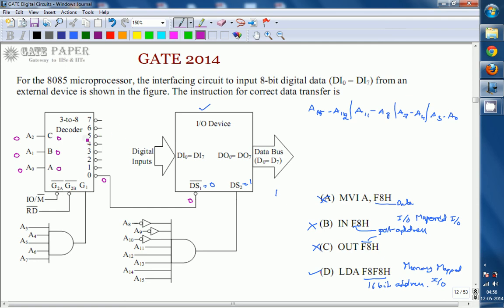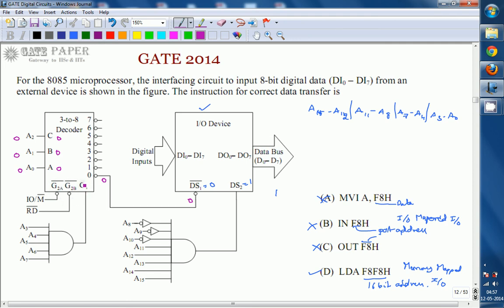To perform this decoder operation, whenever 000 is the input applied to this 3 to 8 decoder, the 0th line is selected. Whether the decoder performs the decoding operation or not, that is, enabling or disabling the decoder, is controlled by these three enable lines: G2A bar, G2B bar, and G1.